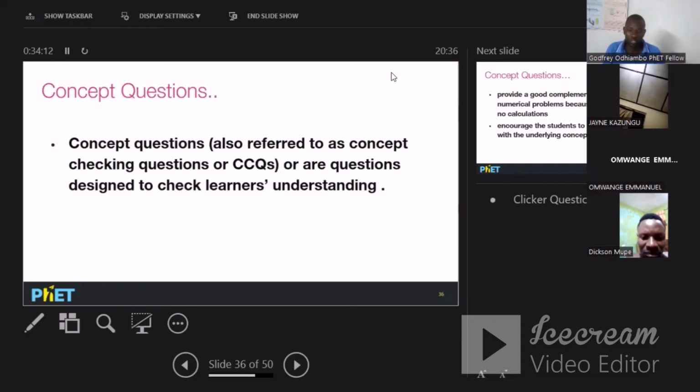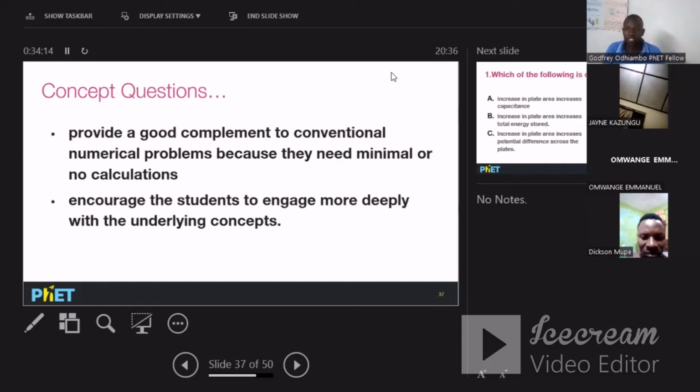They provide a good complement to conventional numerical problems because they need minimal or no calculations. So a student who has a problem with calculations will benefit. The questions encourage students to engage more deeply with the underlying concept being learned at that time.